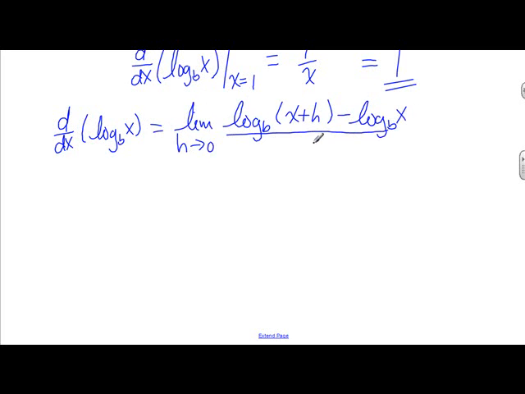That's the definition of derivative. Now let's see what we get if we substitute 1 for x.